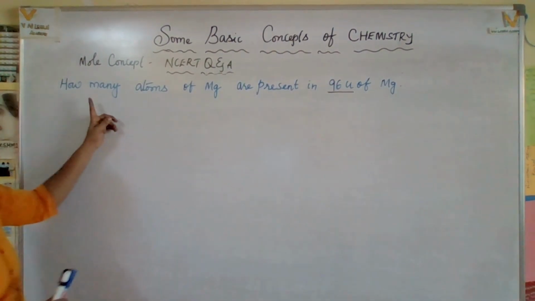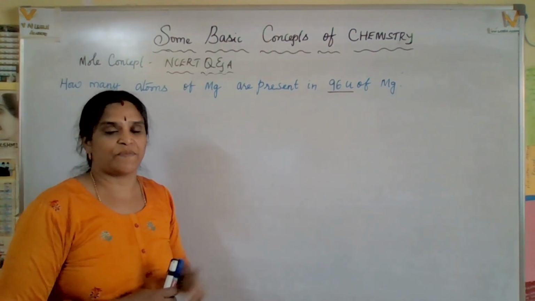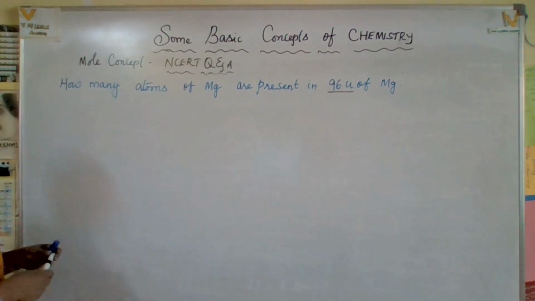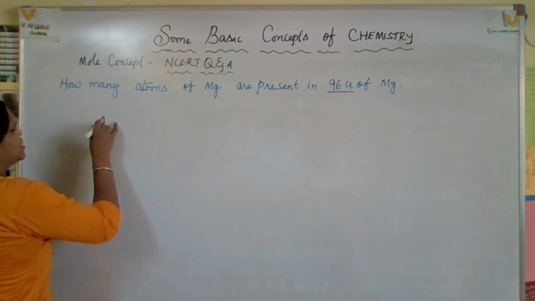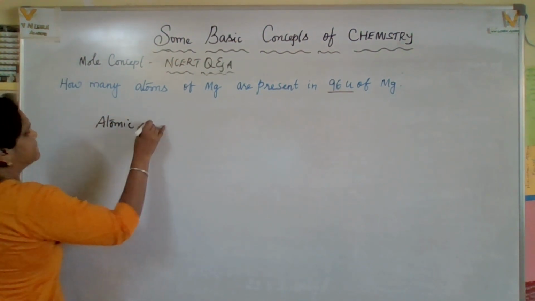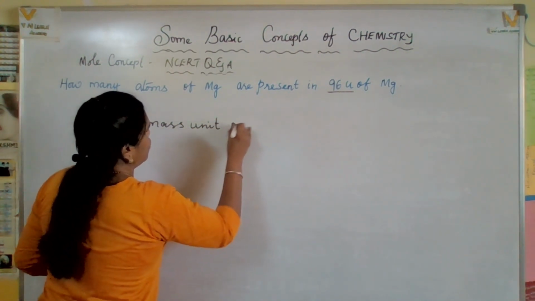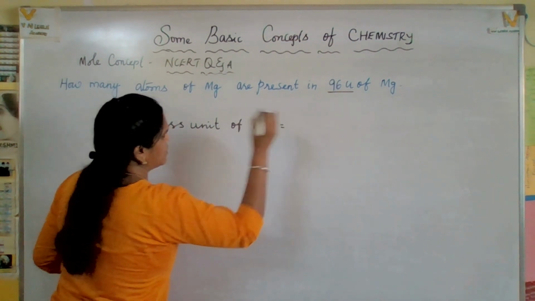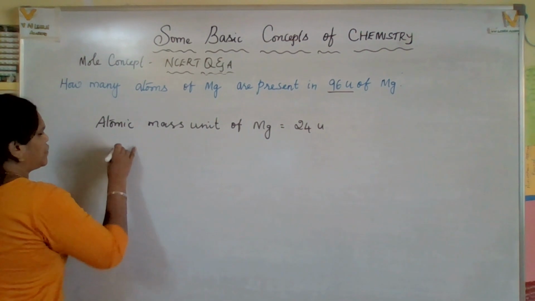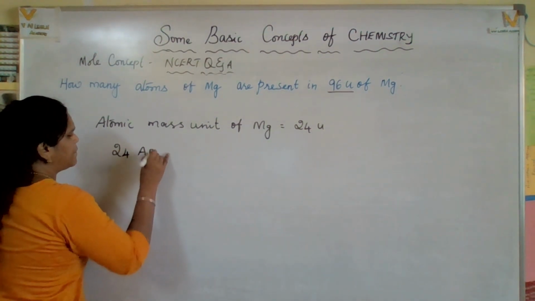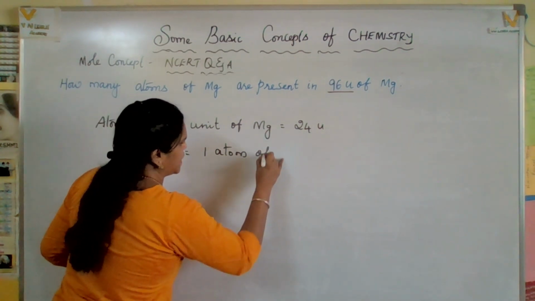The next question. How many atoms of magnesium are present in 96 unit of magnesium? Already we have gone through such kind of sum. Okay, now 96 unit, it is atomic mass unit. What is the atomic mass unit of magnesium? It is 24 U. So 24 atomic mass unit equals 1 atom of magnesium.